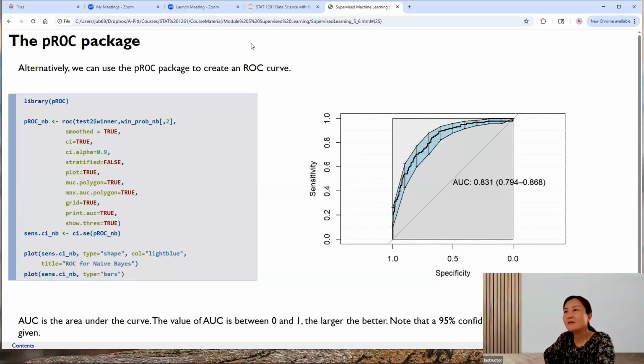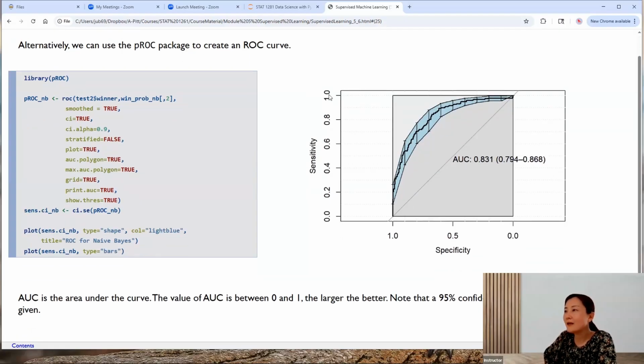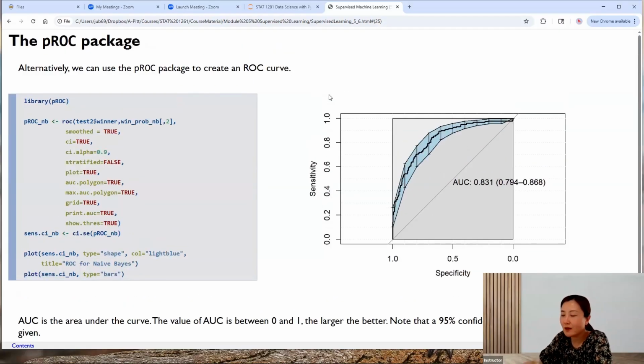And yet another way that is easier is the pROC package. This package is much easier to use because we don't need to calculate those true positive rates and false positive rates by ourselves. You just need to provide something.